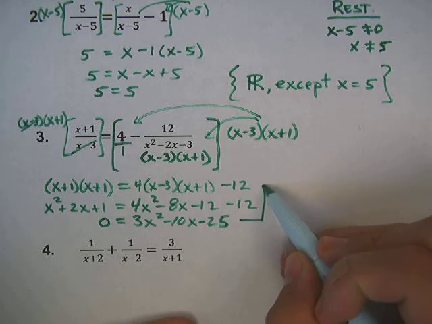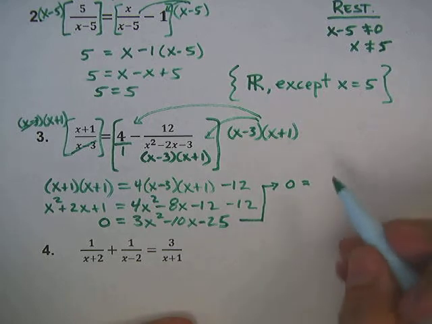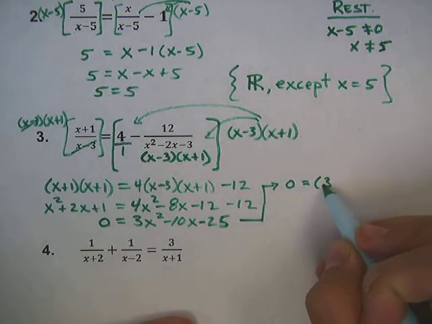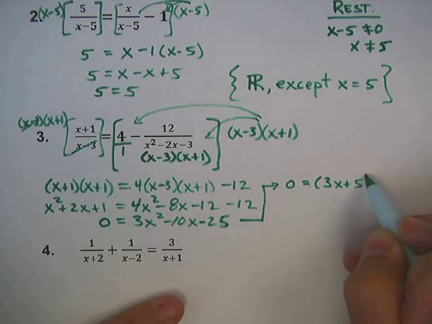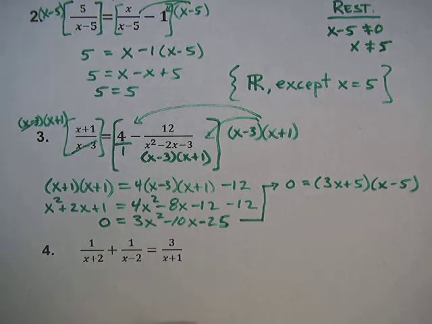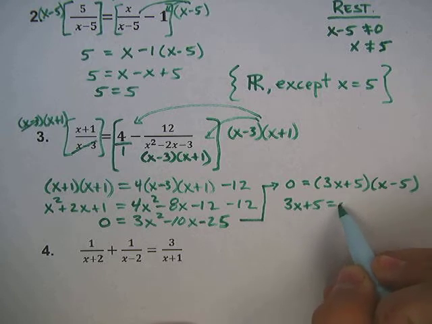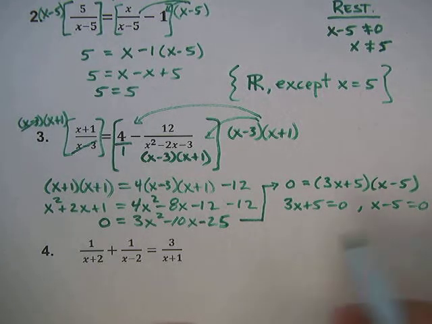So let's simplify some more. We've got to find out what x is. Hopefully it factors. If it doesn't factor, then you have to use the quadratic formula or complete the square or something like that. Lucky for us, it does factor. So we get 0 equals (3x plus 5)(x minus 5).